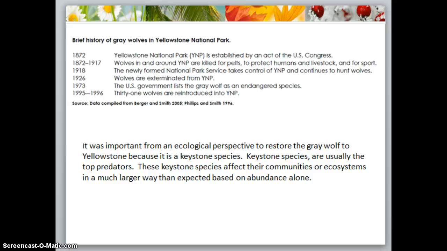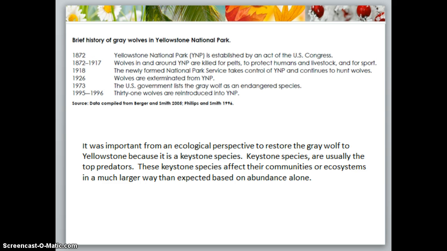In 1918, the National Park Service takes control of Yellowstone and continues to hunt the wolves. In 1926, the wolves are gone. They are no longer in Yellowstone. In 1973, the government lists the gray wolf as an endangered species. And from 1995 to 96, 31 wolves were reintroduced into Yellowstone.